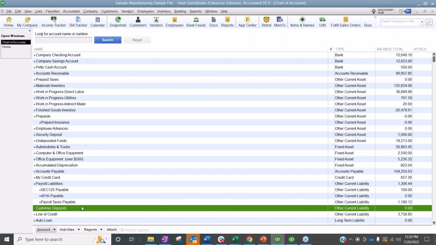So explaining to them why it needs to reside in the liability section is something that seems to be confusing, or even tracking customer deposits on your balance sheet. So explaining that a lot, and how we handle that account, what it's used for, and how we can keep track of it, is something I get lots of questions and training and design work on with customers, especially in the construction industry. Agree.